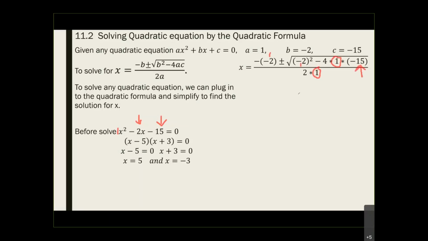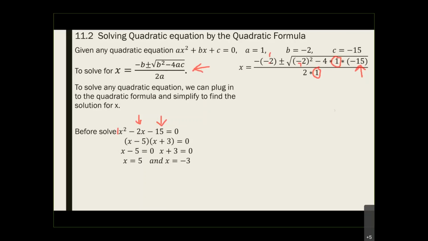So all I did was plug it into this equation, which is -b plus or minus the square root of b squared minus 4ac, divided by 2a.